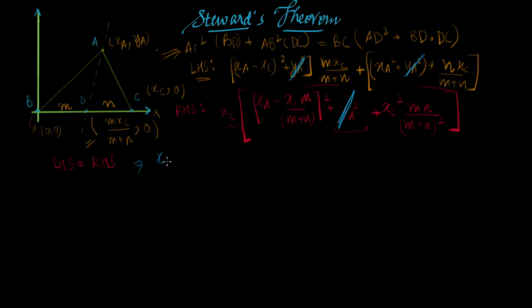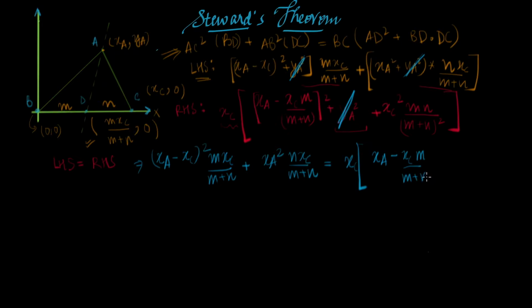Let me write that down in this case: (xa minus xc) whole square times mxc by m plus n, plus xa whole square times nxc upon m plus n, equals, well, this should equal, I'm putting an equality here even though I'm not very sure of it, because at this point we're just proving it, but never mind that, xc times (xa minus xc) by m plus n whole square, plus xc square mn upon m plus n whole square.